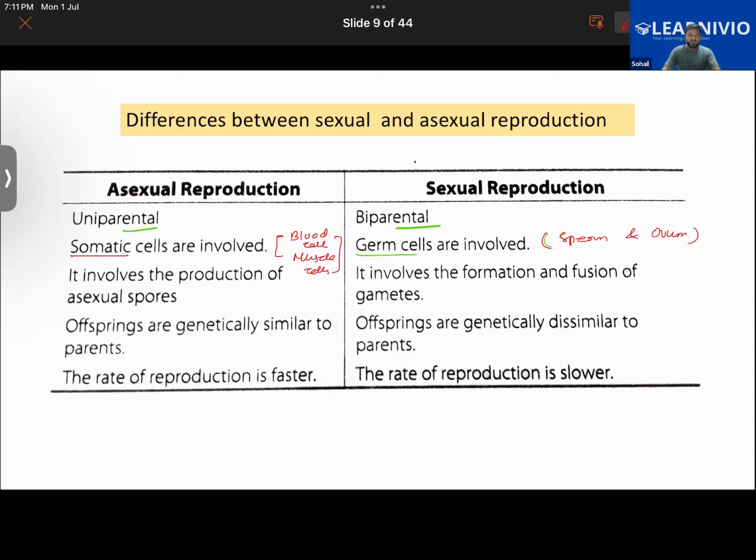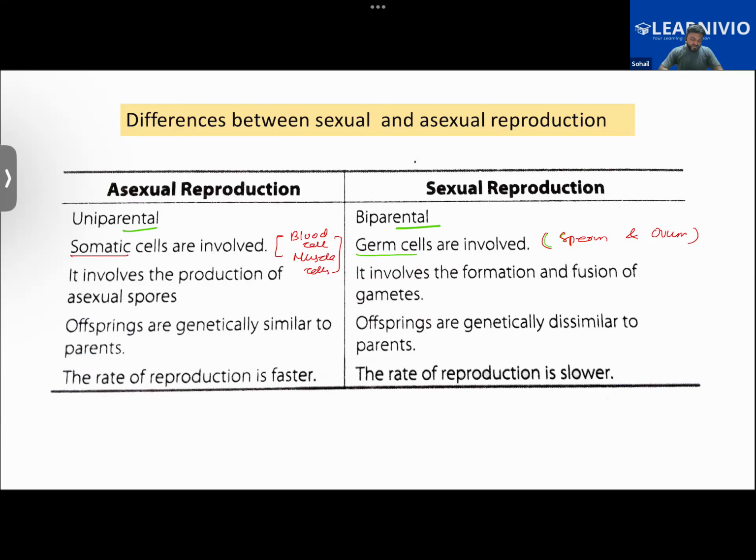For example, every month usually one ovum cell is released in the female body in the menstrual cycle. So the number of germ cells as compared to bone or muscle cells is very small, right?